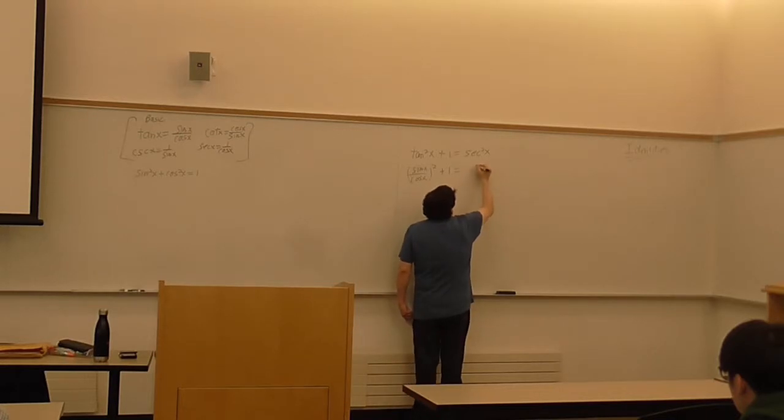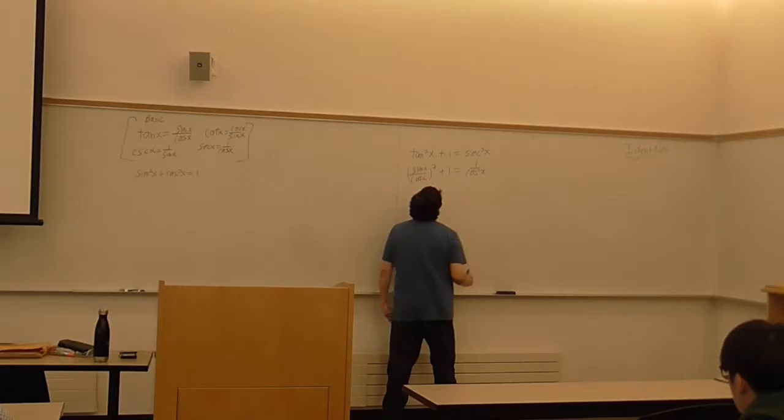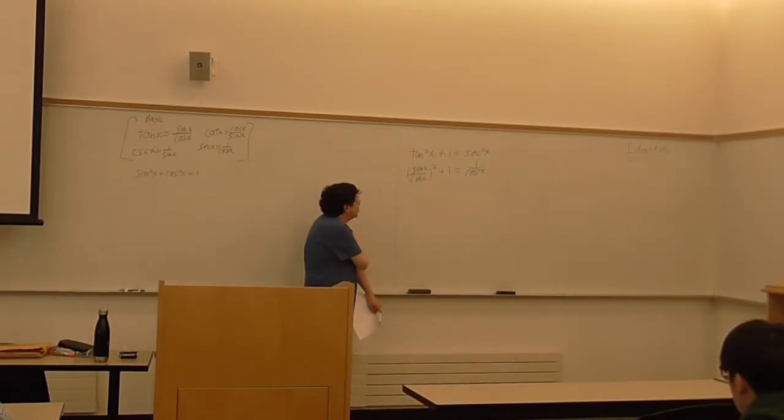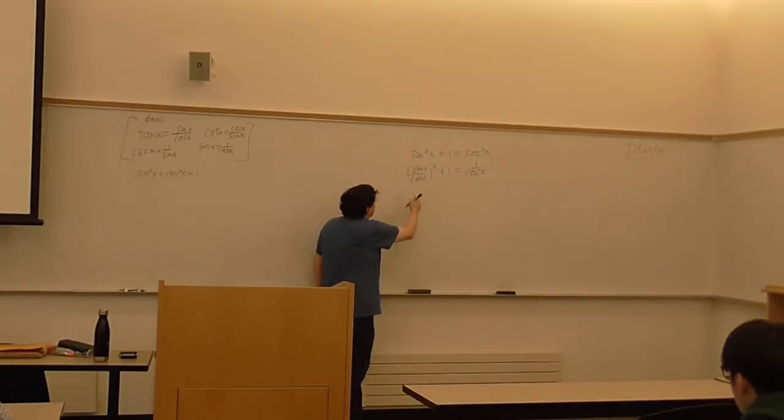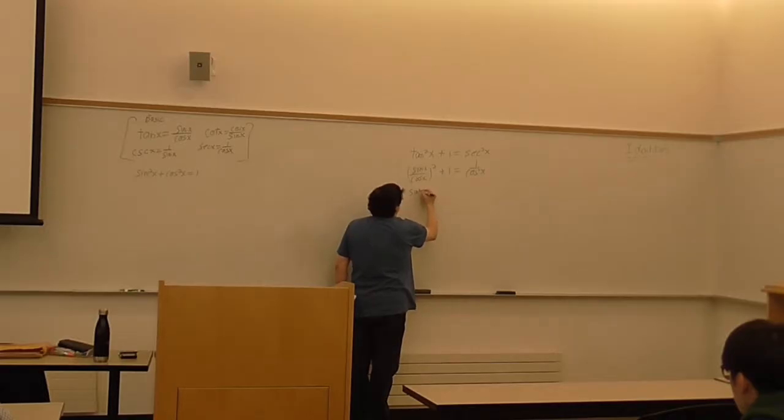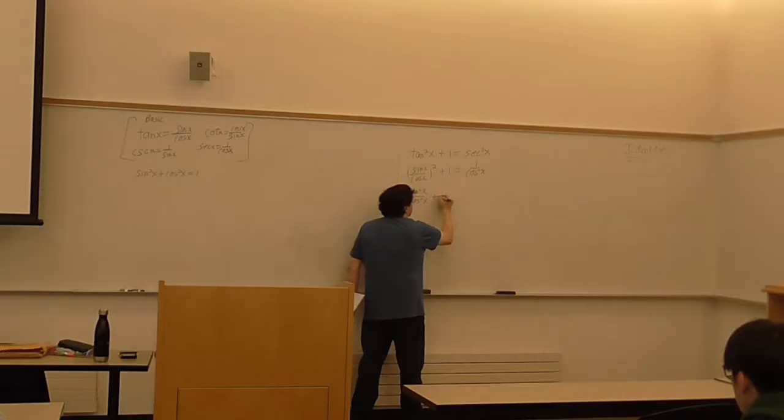And secant squared, of course, is 1 over cosine squared of x. This becomes sine squared x over cosine squared x plus 1.